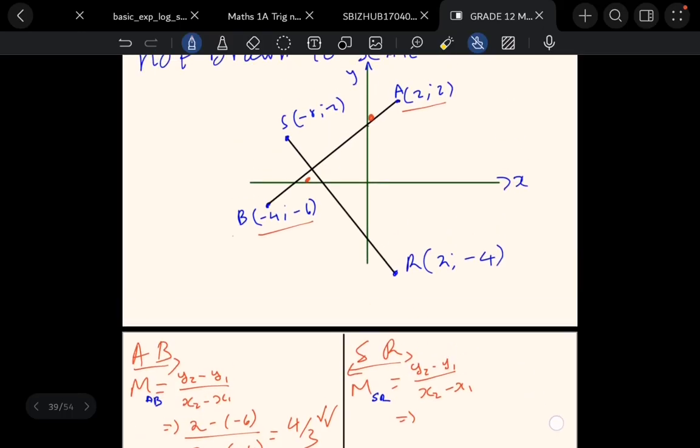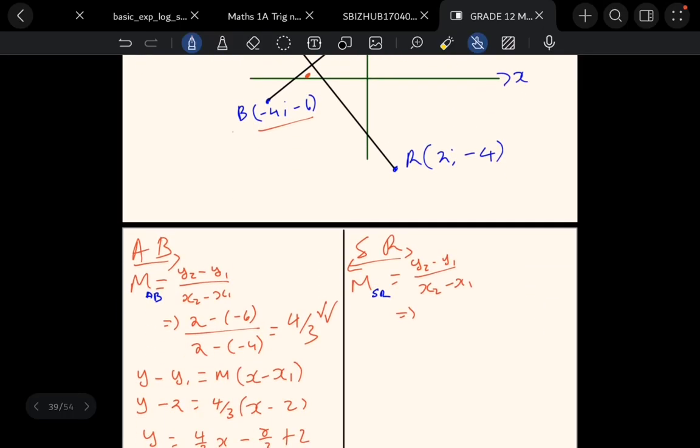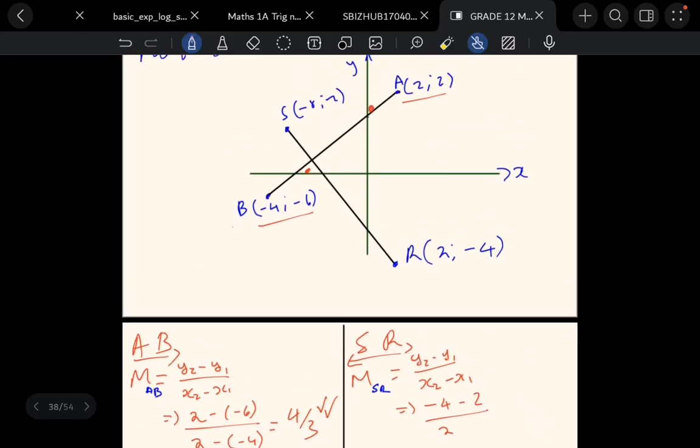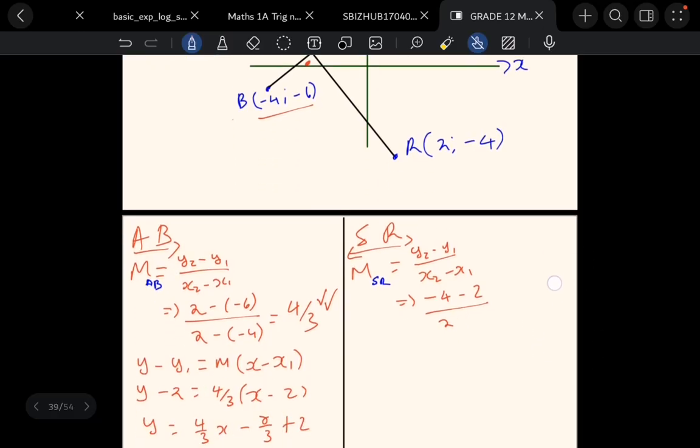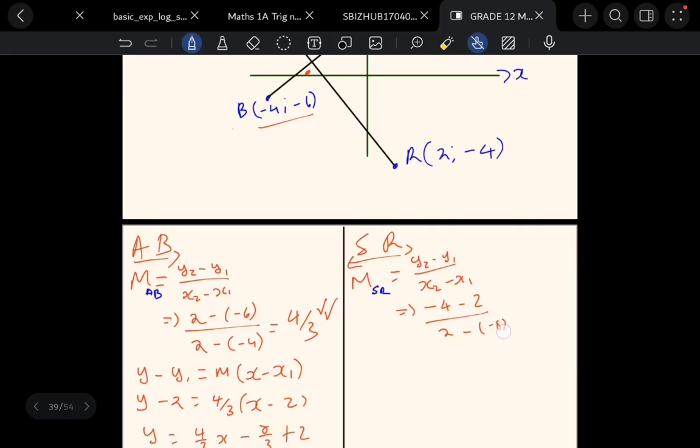I do not care which coordinate you use first. It's negative 4 minus 2 over 2 minus negative 8, which is negative 4 minus 2 over 2 plus 8, which is going to be negative 3 over 5.